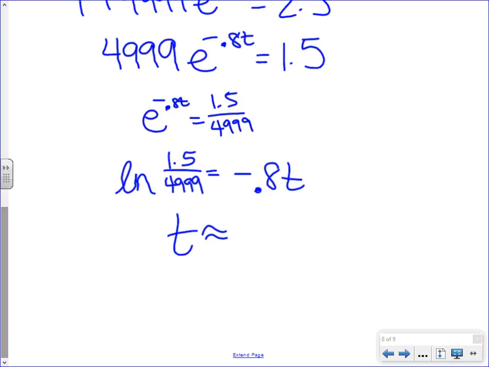So it can give me the decimal approximation for t. What do you have? I got 10.139. Are you getting the same number? Yeah. Okay. So what's our answer?